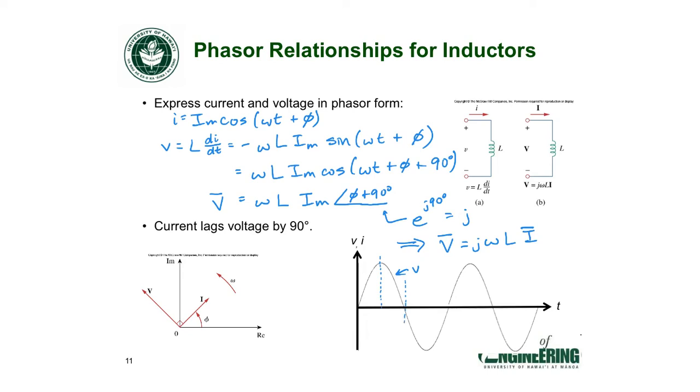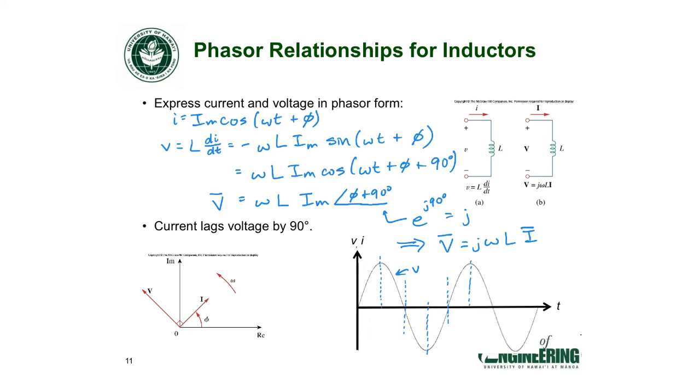Here's the time point for a zero crossing. Here's the time point for a minimum. Here's a time point for another zero crossing, and a time point for a maximum.